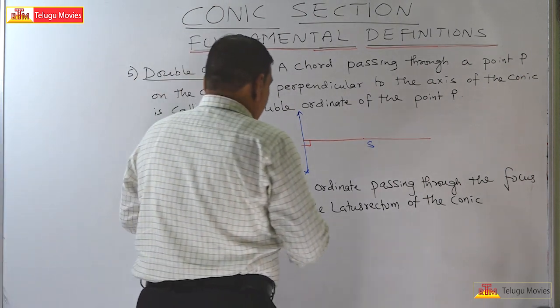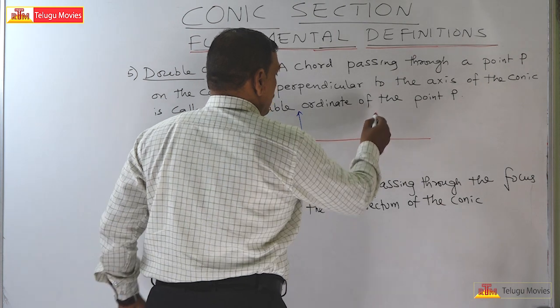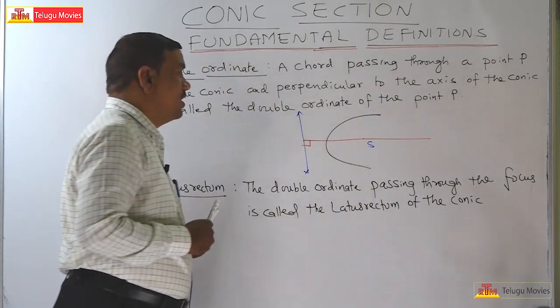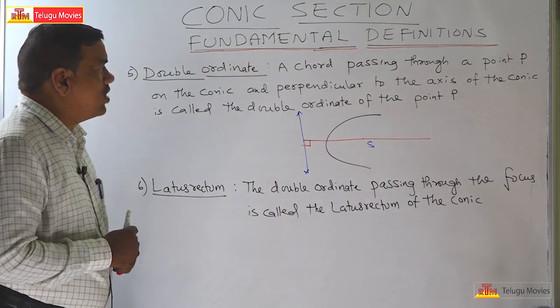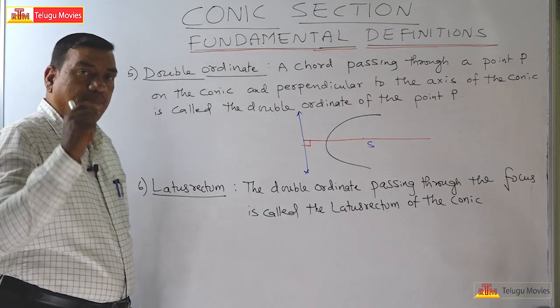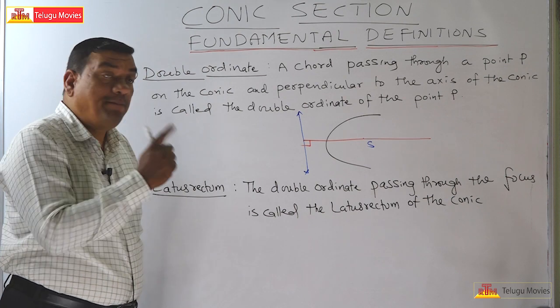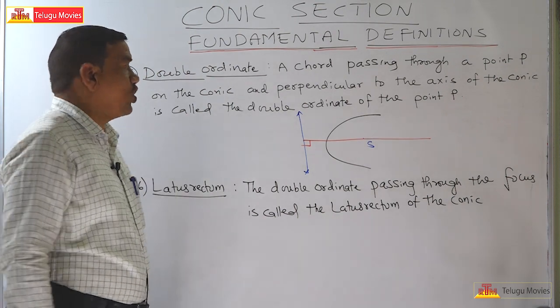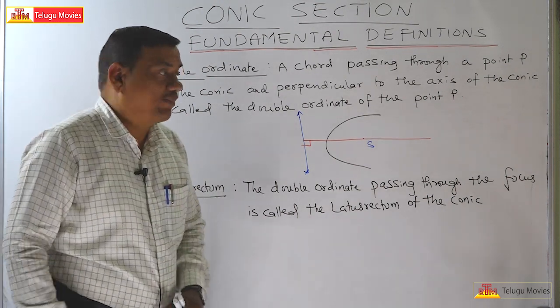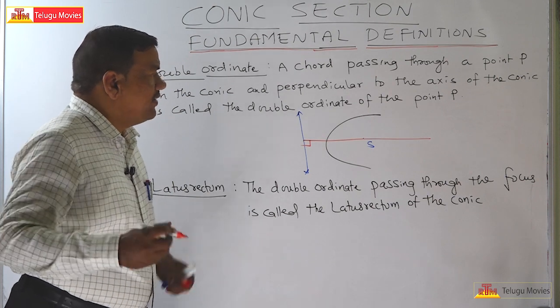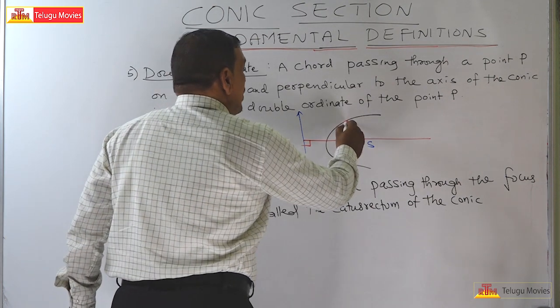Let us take any conic. Now he is asking about the chord passing through a point P on the conic and perpendicular to the axis of the conic, which is called the double ordinate. Take any point P on the conic.